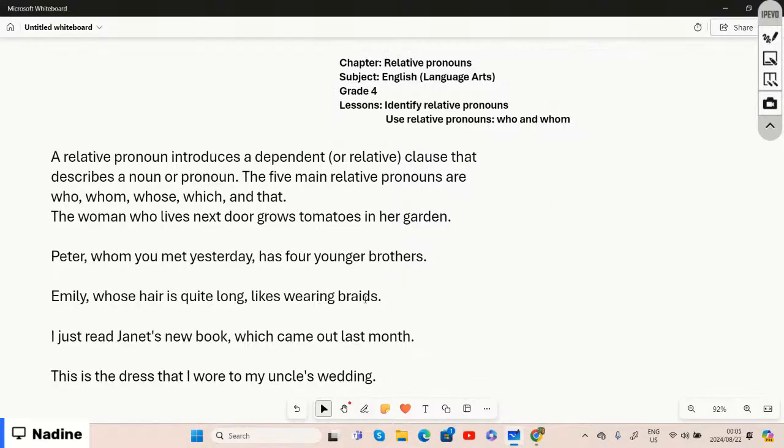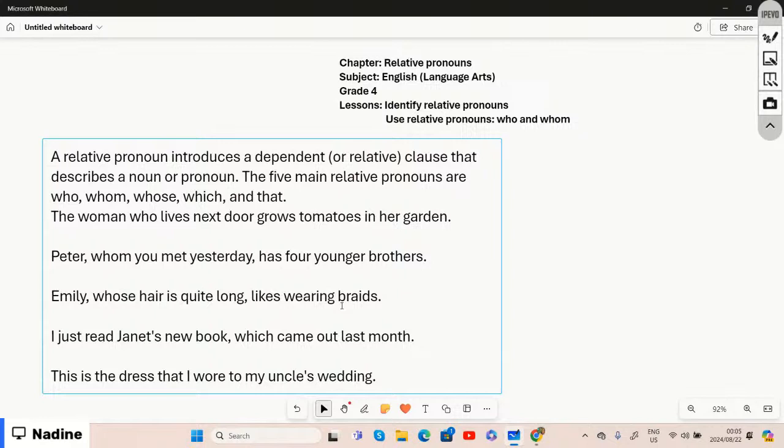So that is going to be our lesson for today: we're going to identify relative pronouns, and we're going to use relative pronouns, words like who and whom.